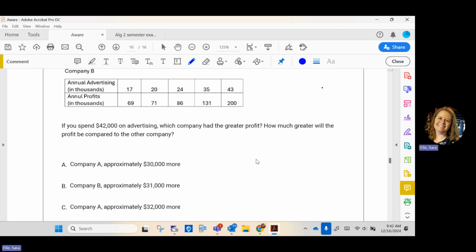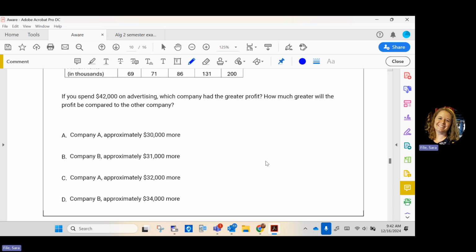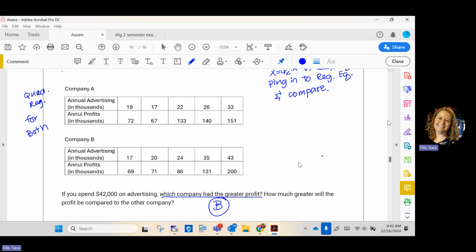Okay, so we get that company B. Which company had the greater profit is B. So A is out. These numbers are just off. Like this is a typo. So don't worry about what you select in Aware and getting it wrong. I'll give everybody the credit for this one since there's got to be a typo somewhere.